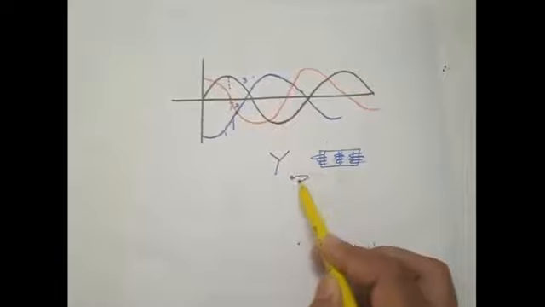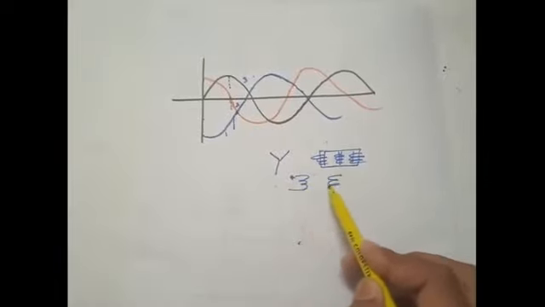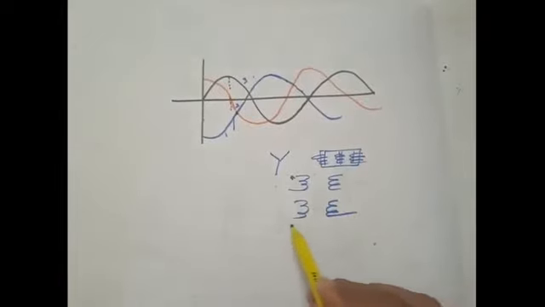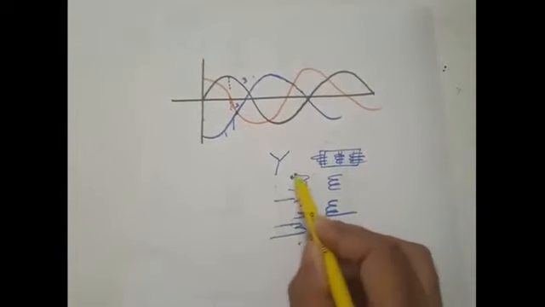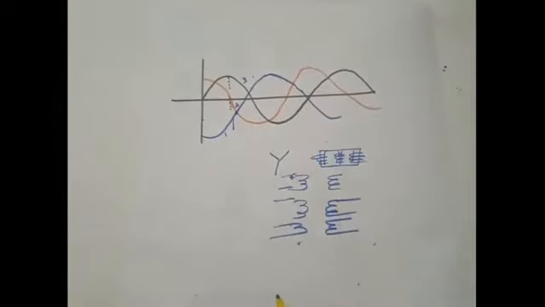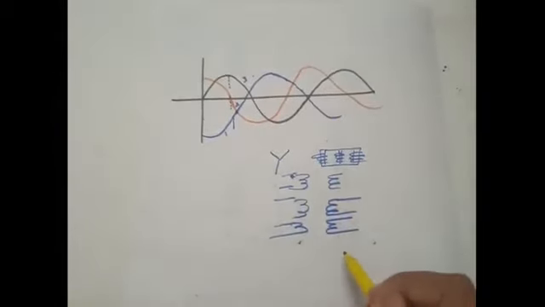Or we can also make 3 coils on a single core. These 3 windings will be done on a single core, and that will also make a 3-phase transformer.